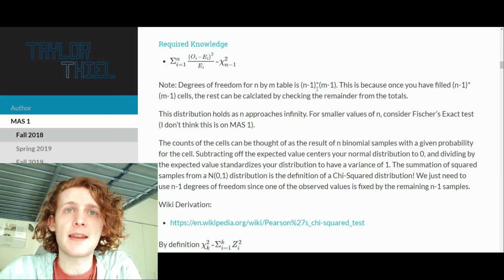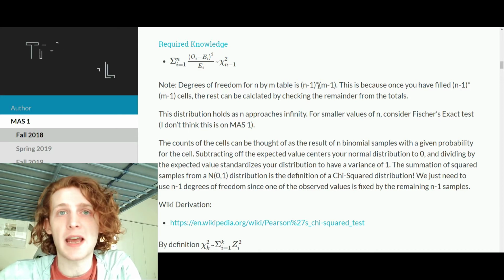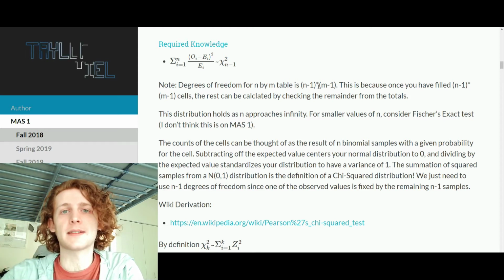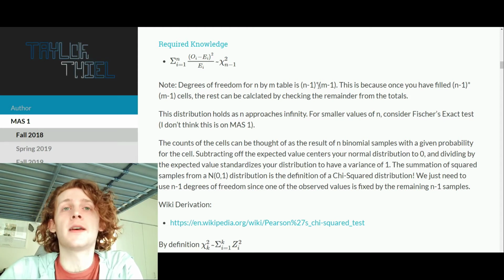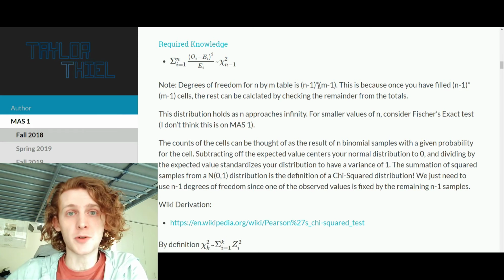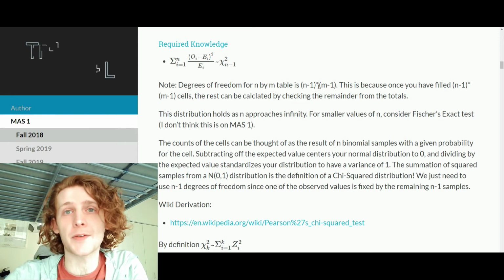If instead we had multiple rows and multiple columns, it's going to be n minus 1 times m minus 1, so the number of rows subtract 1 times the number of columns subtract 1. And again, for the same reason: once you've filled out that many cells in the table, just using the row and column totals, you can back into the remaining values.